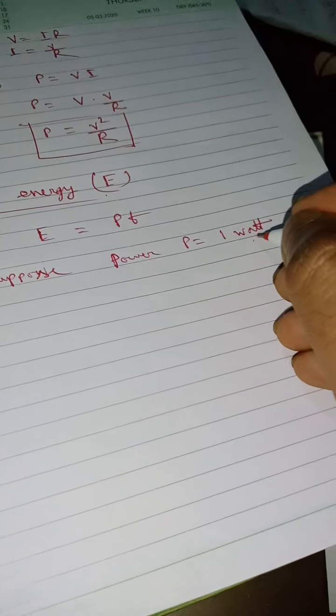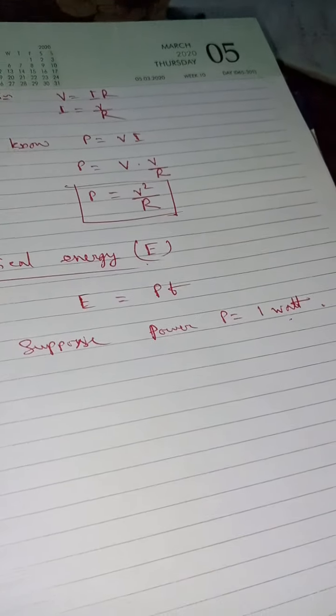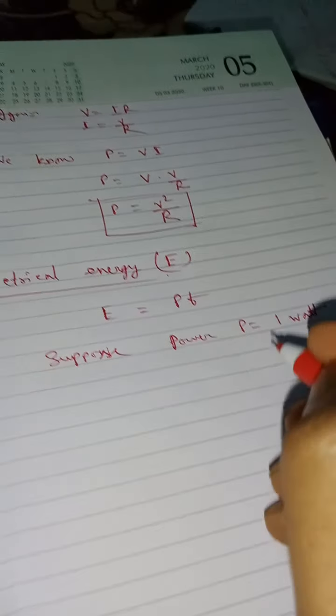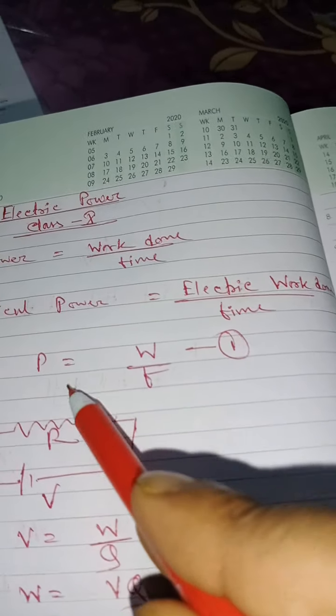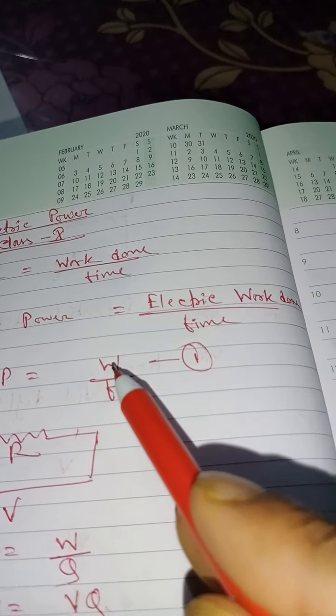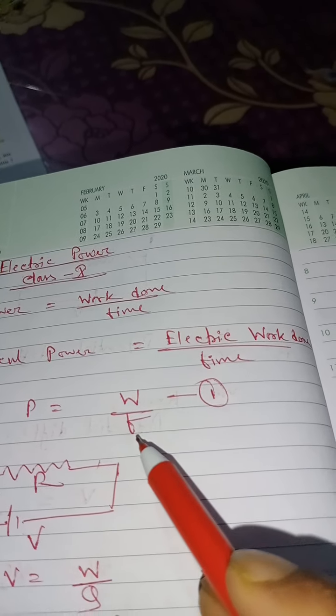What is the unit of electrical power? What does electrical power mean? In this expression, P is equal to W by T, electrical work done by time. Suppose the electrical work done is 1 joule and time is 1 second.